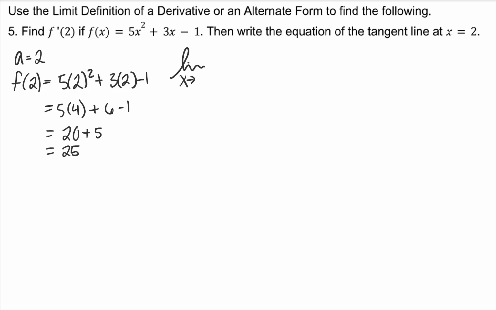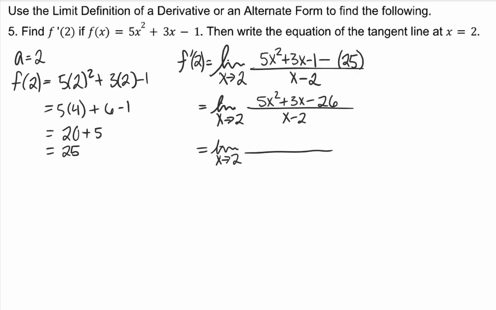So the limit as x approaches a of f of x minus f of a over x minus a. Again, it may look like nothing's going to reduce, so let's try factoring the numerator.